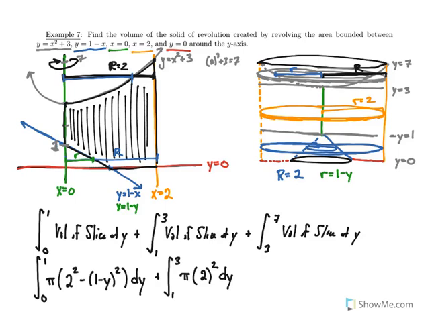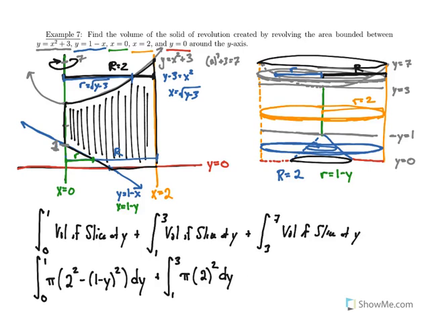That's going to be associated with that parabola, and we could write this as y minus 3 equals x squared, or x is going to be equal to the square root of y minus 3. So it does have to be in terms of y.